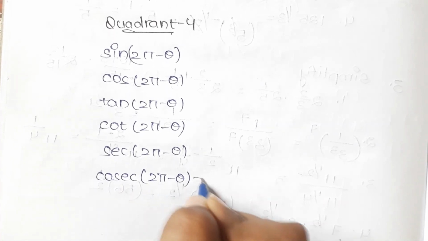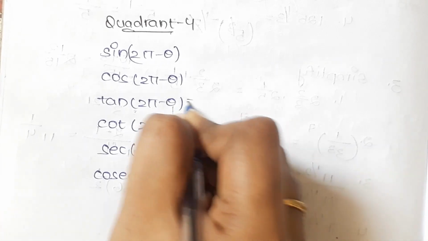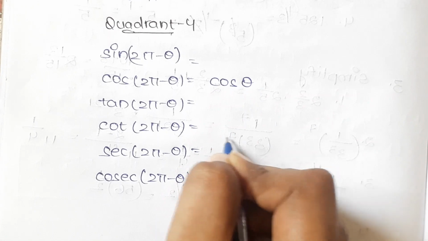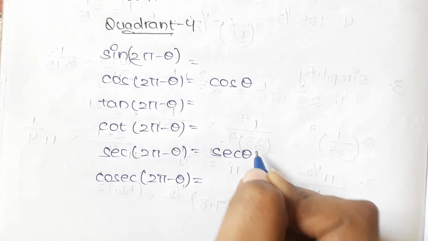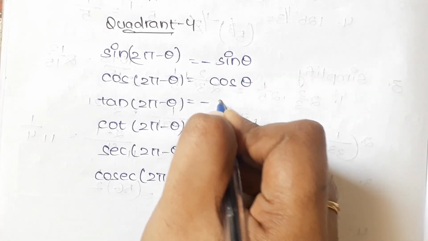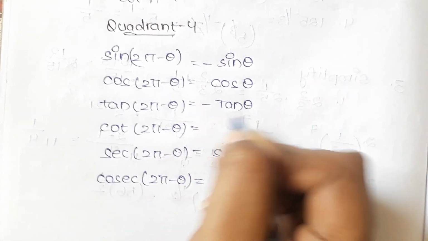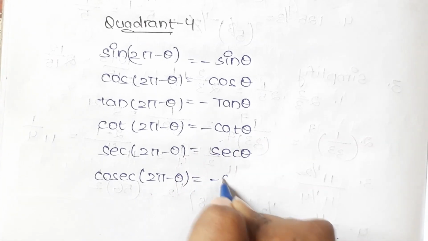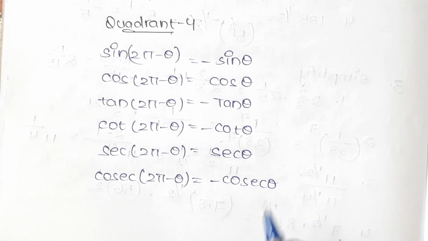Here only secant and cos are positive, so cos theta, secant theta. And the other ratios are negative, so minus sin theta, minus tan theta, minus cot theta, and minus cosecant theta. And this is about the four quadrants formulas.